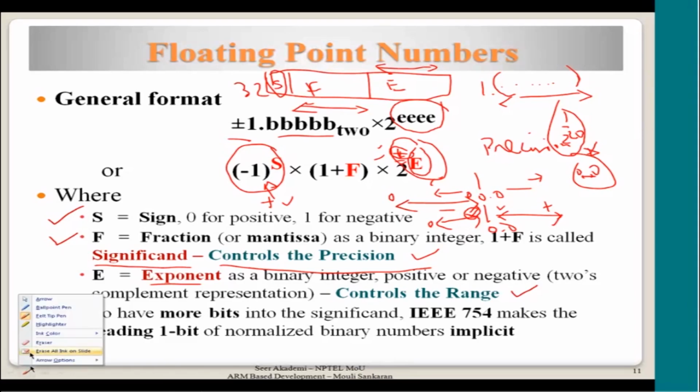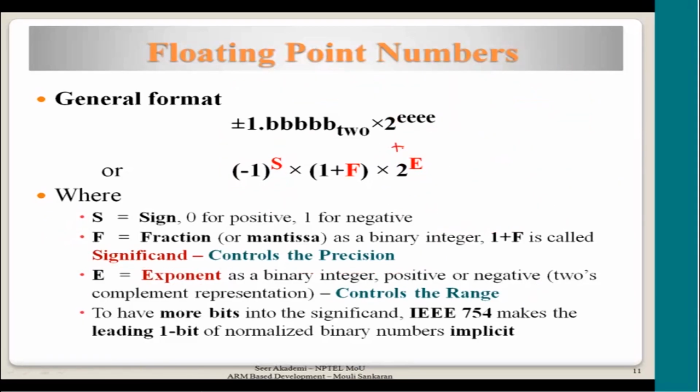I am sorry, this is positive negative, this is positive negative, you have 0.0. Okay, so let me call this positive as A, then where does the number come? This number is here.